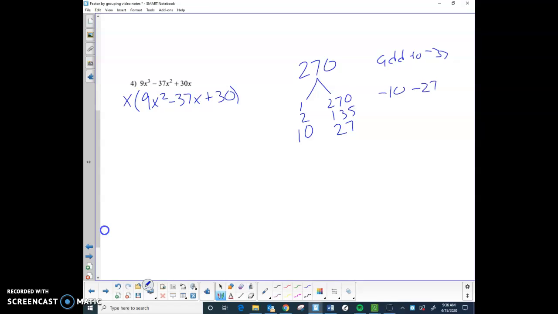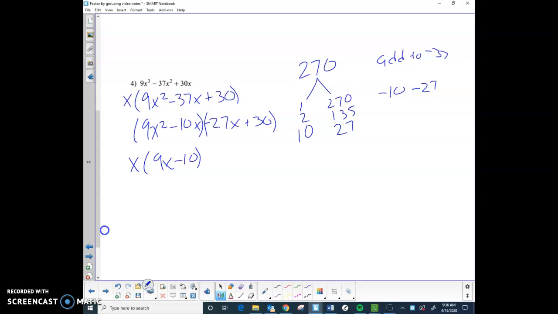All right, so when I rewrite this inside part, I've got 9x squared minus 10x minus 27x plus 30. So grouping again, this first part, the only part I can take out of there is an x. So I've got 9x minus 10.